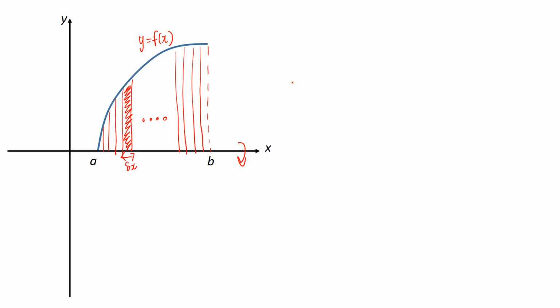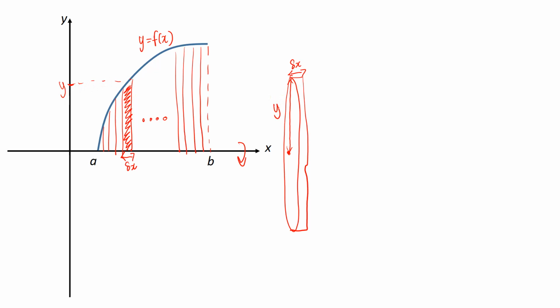Now, you're going to get a disc, and the thickness of this is the same as the thickness of the strip. It is also not difficult to realize the radius of the circular disc is actually your y value. So the radius is y.